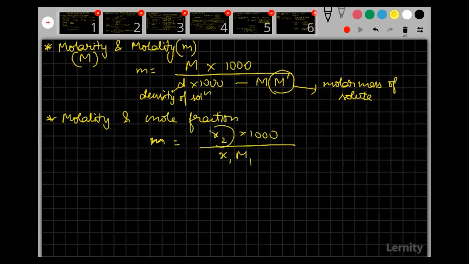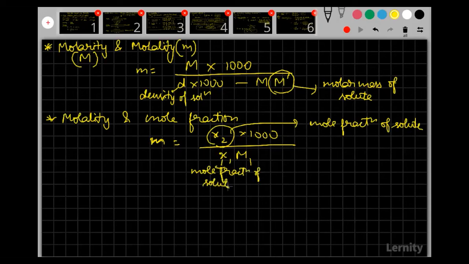Here x2 is the mole fraction of solute, whereas x1 is the mole fraction of solvent. That will be the solute and this will be taken as solvent. M1 is the molar mass of solvent.